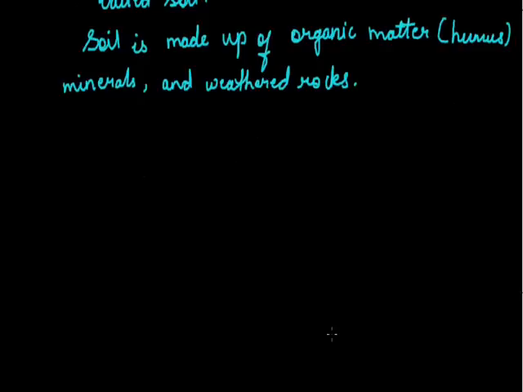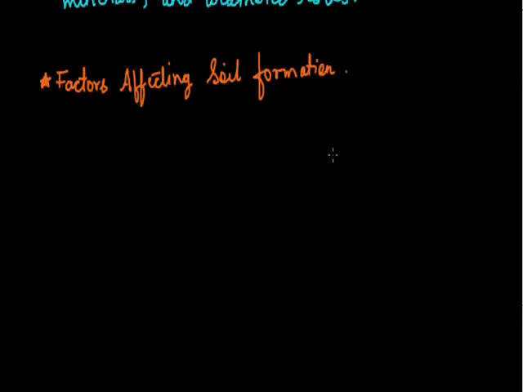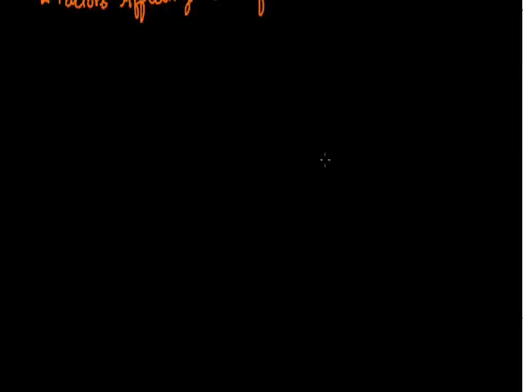Now in the formation of soil, a lot of factors affect the quality or the type of the soil. First of all, we are going to study what the major factors are that affect soil formation. We can explain this topic with the help of a chart. The first factor that affects the formation of soil is the parent rock.